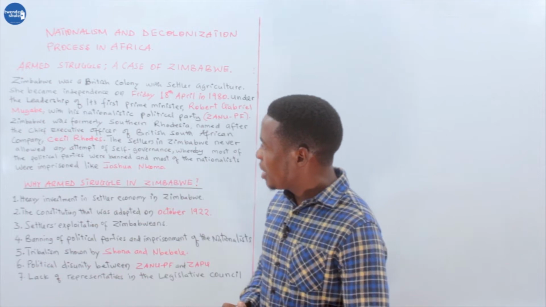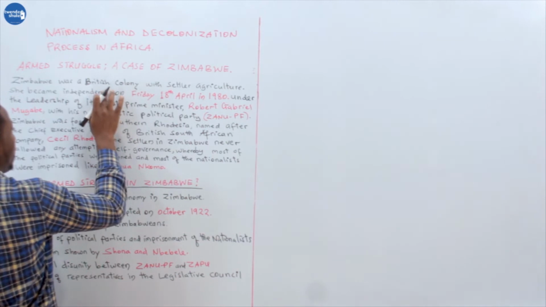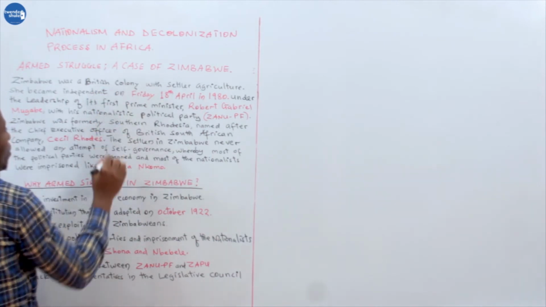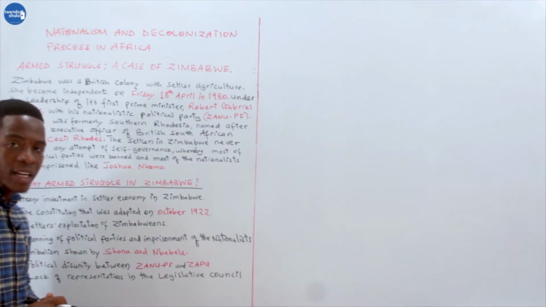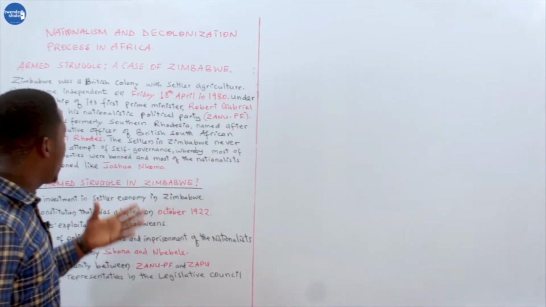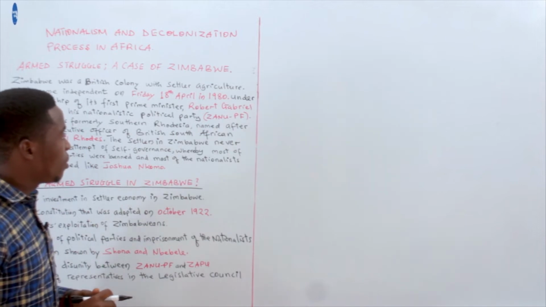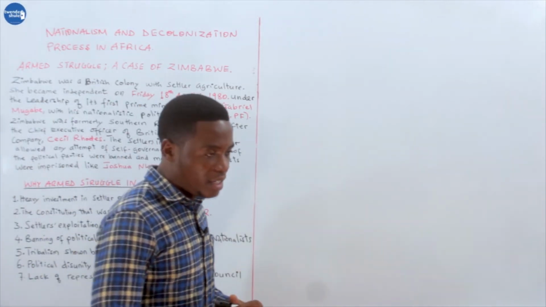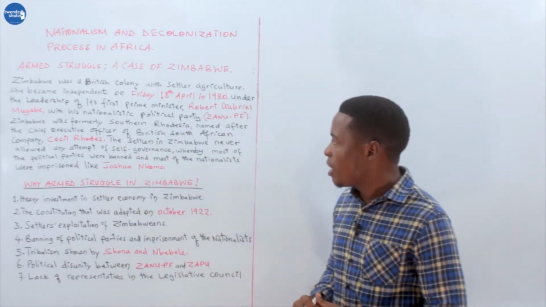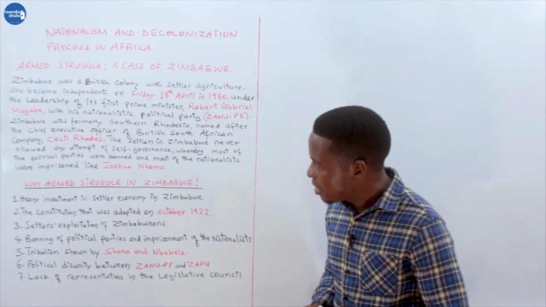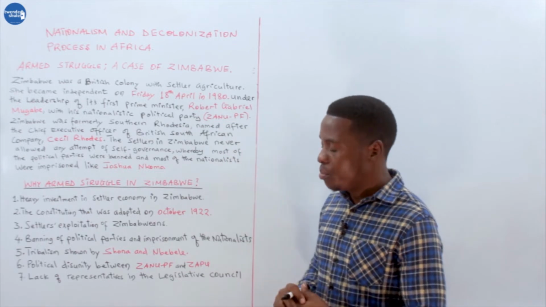She became independent on Friday, 18th April 1980, under the leadership of the first Prime Minister of Zimbabwe, Robert Gabriel Mugabe, with his nationalist political party, ZANU-PF.